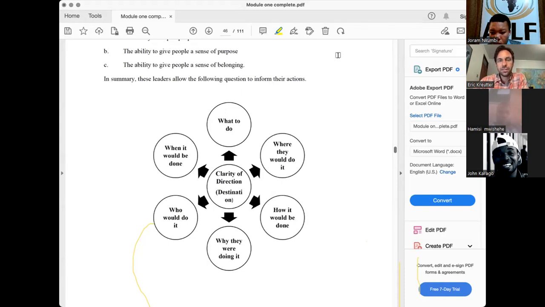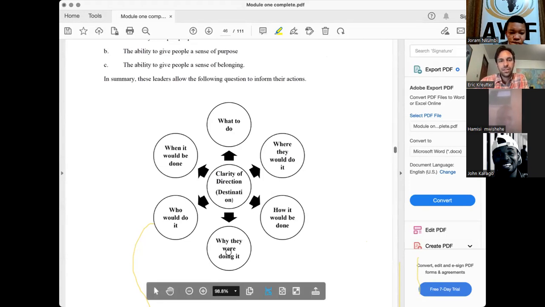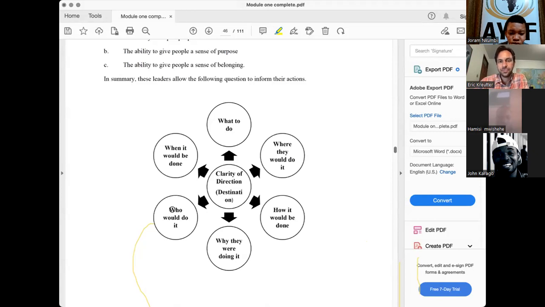And when we talk about clarity of direction for leaders, this means things like what you want to do, where you want to do it, how it would be done, why you are doing it, who would do it, and when it would be done.